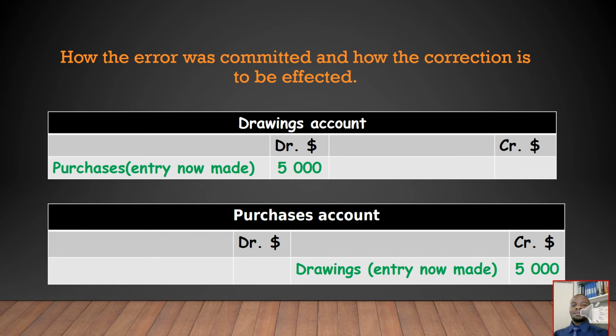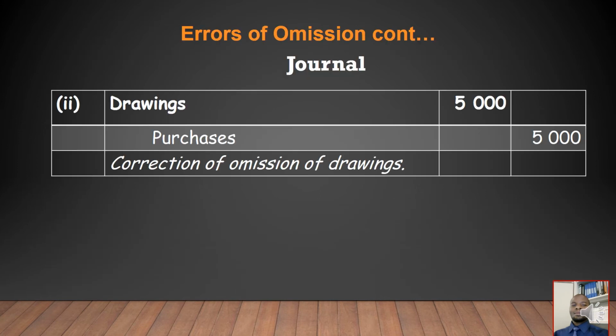So we debit the drawings account and we credit the purchases account. If we are to prepare the journal entries, this is how they are going to look. Drawings should be debited and the purchases account should be credited, being the correction of omission of drawings.